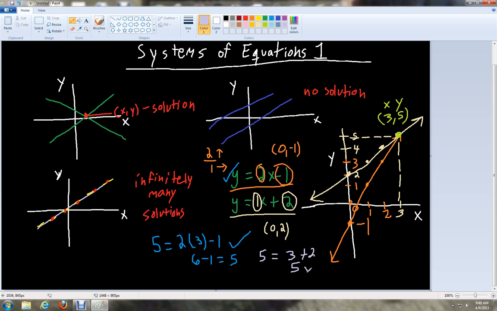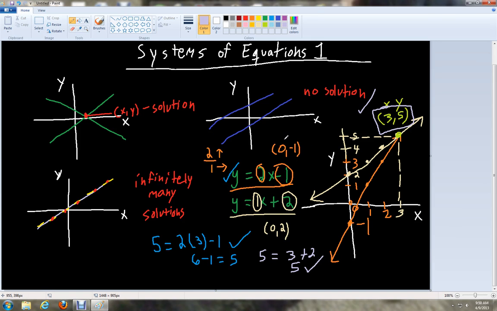So that checks out. Since both equations check out, the solution for this system of equations is (3, 5).